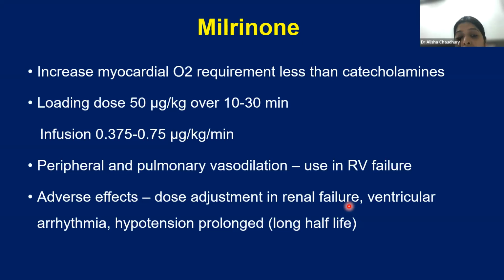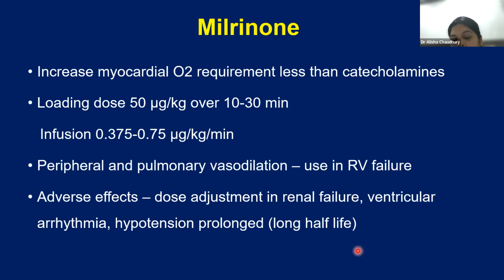Apart from the peripheral vasodilation, it also works for pulmonary vasodilation, the same way your PDE inhibitors are used for pulmonary hypertension. That is why in cases of RV failure, it's a good option. The adverse effect with milrinone is that, compared to dopamine, this tachycardia problem is not there.